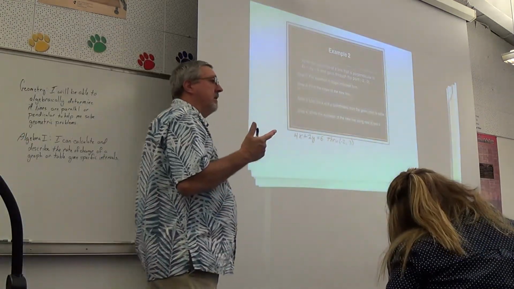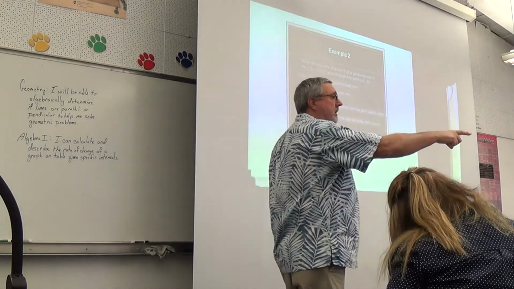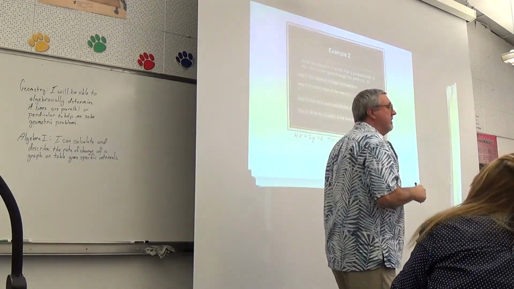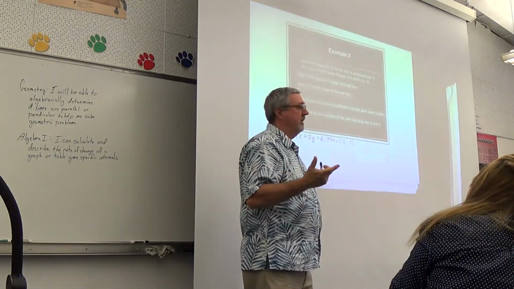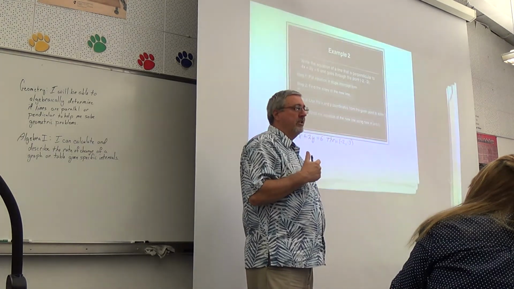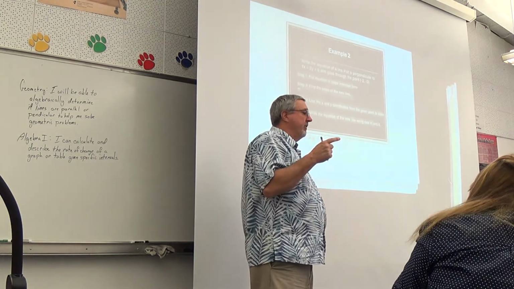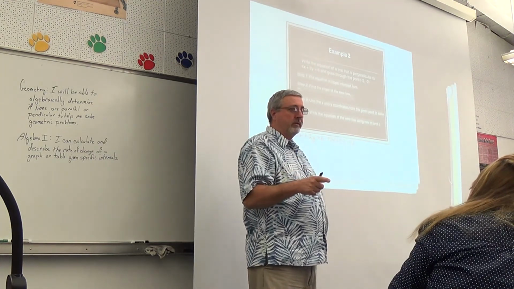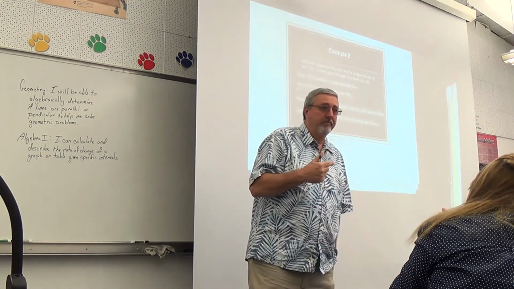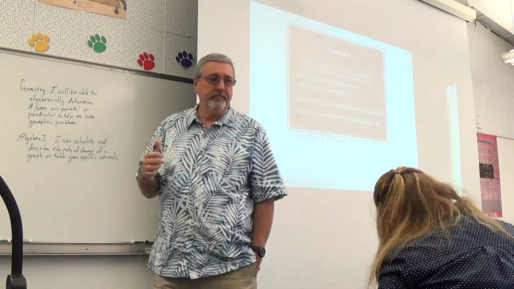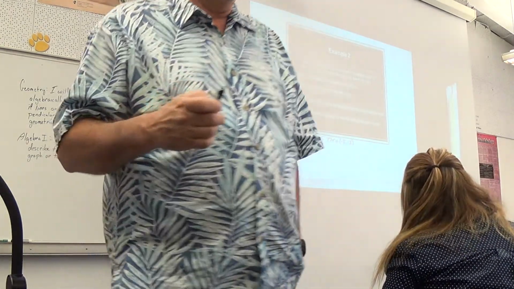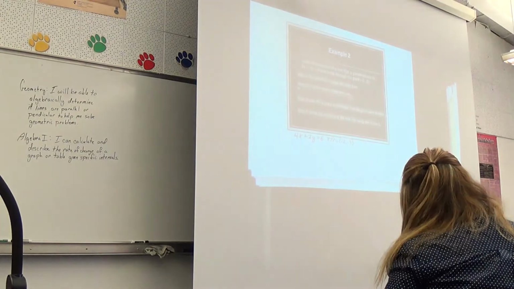So what's step 1? Go ahead. What's step 1? Very good. That's exactly step 1. Put the equation in slope-intercept form. Okay? So take a minute. If you're not sure, work with a partner. Put that equation in slope-intercept form. Okay?